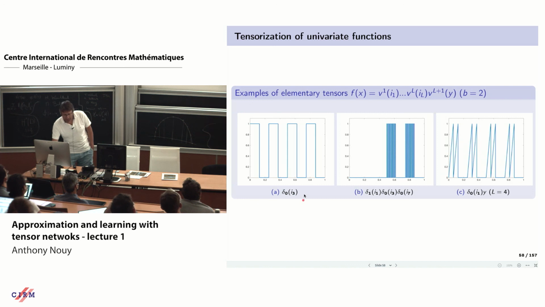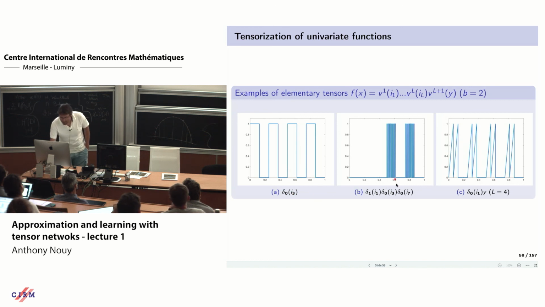You have here an elementary tensor which is just a function of I3. It is equal to 1 if I3 is equal to 0, and equal to 0 if I3 is equal to 1. And you have this step function, okay? This elementary tensor represents this step function where it is 1 on each of the intervals where this digit of the binary representation of your integer is equal to 1.